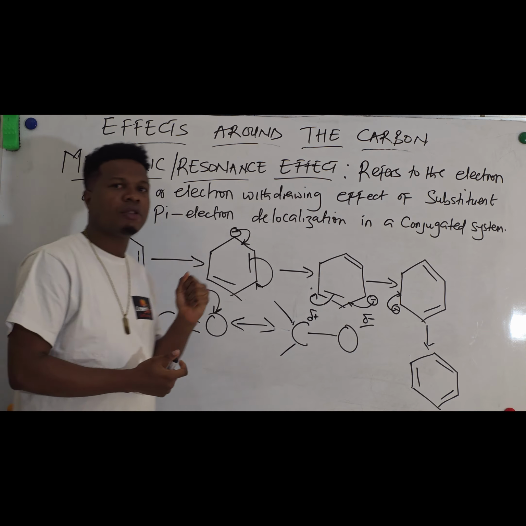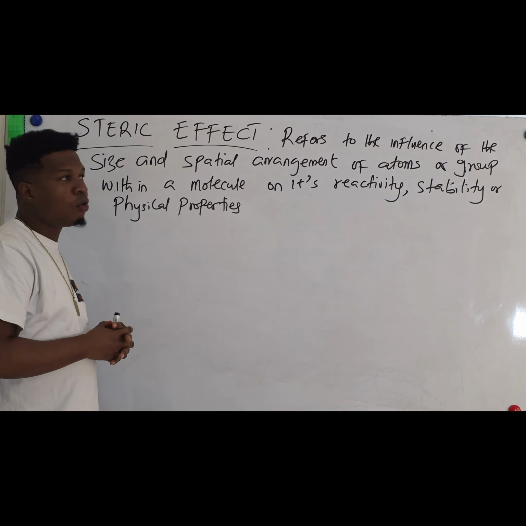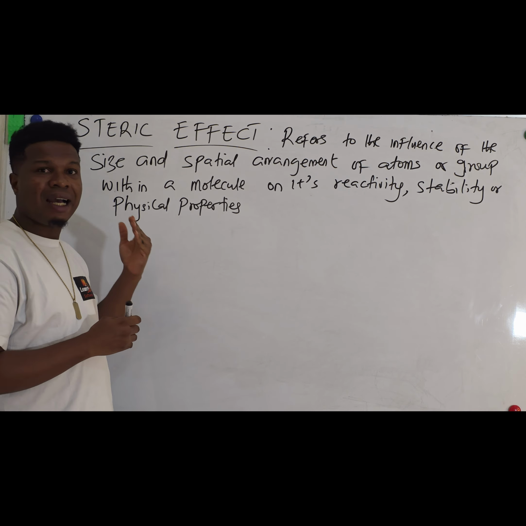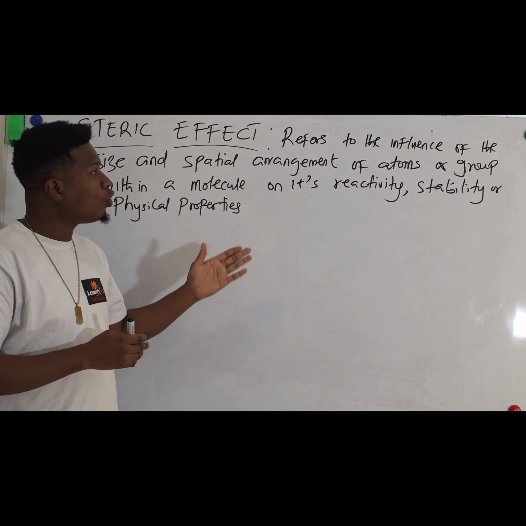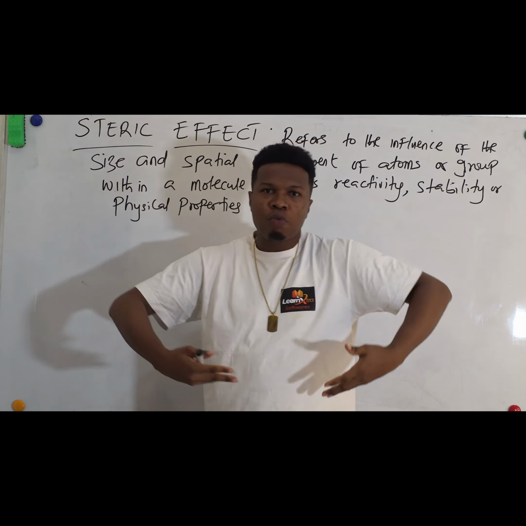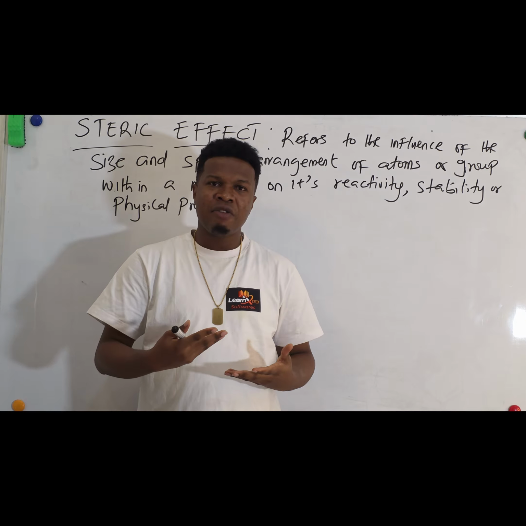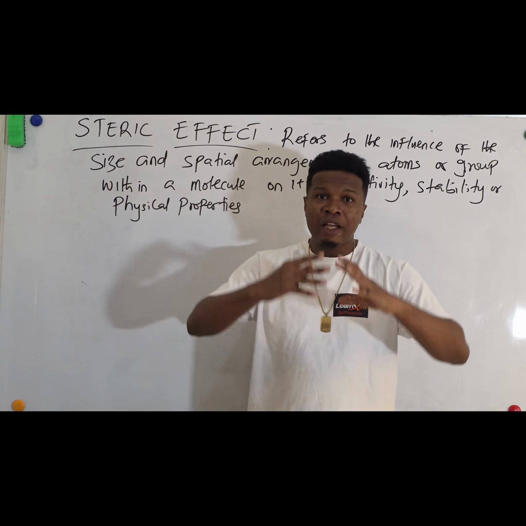So the next effect is known as the steric effect. What is the steric effect? It refers to the influence of the size and the spatial arrangement of atoms or groups within a molecule on its reactivity. How big or how small a molecule is can affect its reactivity. This steric effect is as a result of repulsion due to electron cloud.